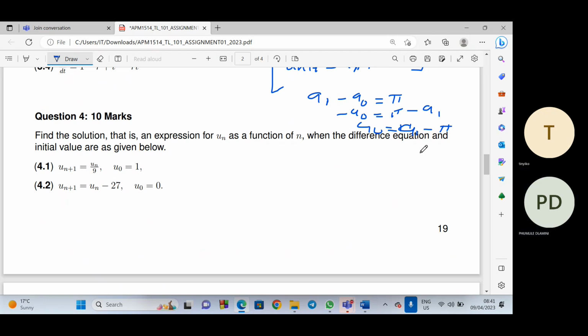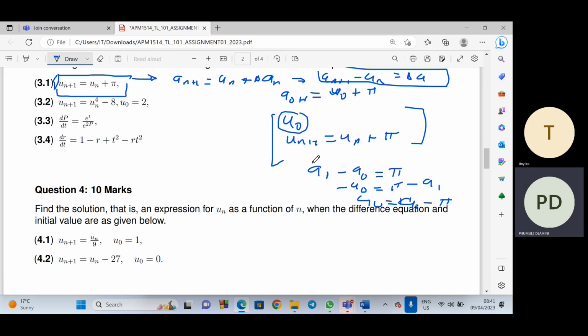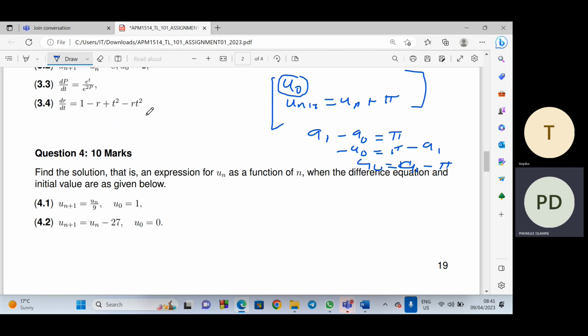So the general equation for this now, when we write it, is going to be u_0 equals u_1 minus pi, whereby u_{n+1} equals u_n plus pi. So this is the general equation for this form, number 1.